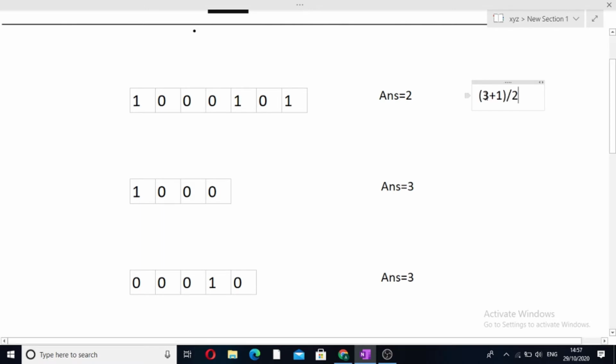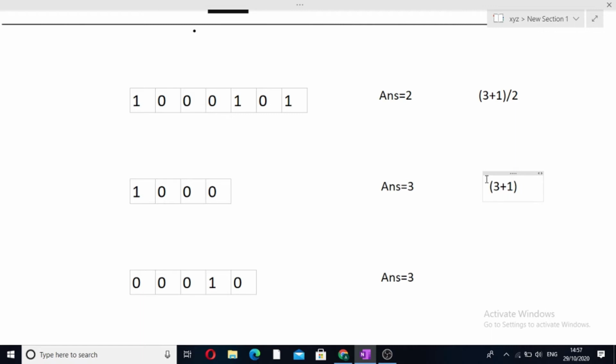So in this case we will get the maximum distance we can find, so that Alex is sitting at that distance between two persons. So this will be 2, the maximum distance. Now in this case we see that the maximum continuous zeros are still 3, but here we cannot simply do 3 plus 1 divided by 2.